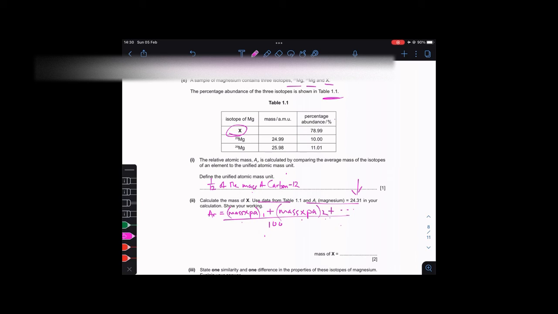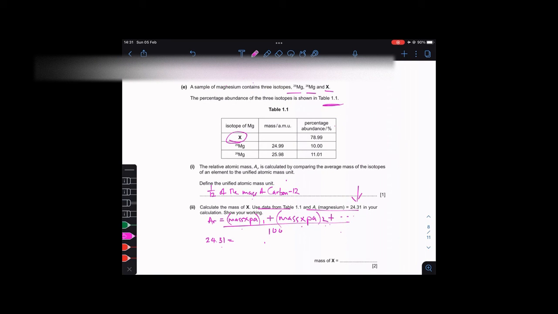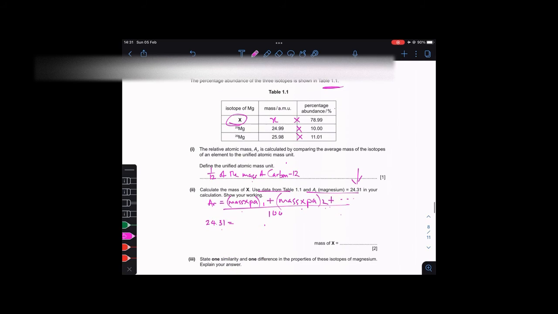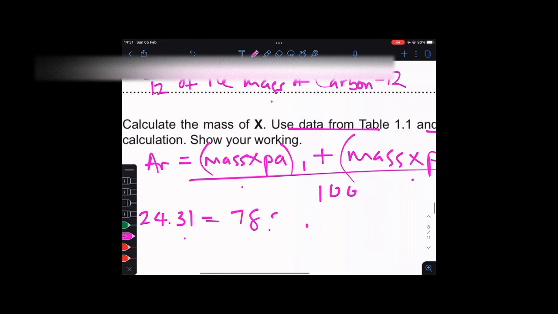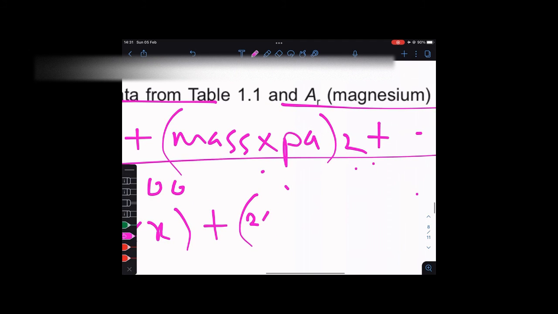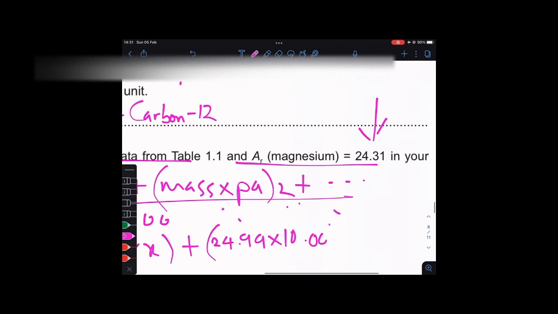So that's the formula we are going to use. If I substitute, we're given Ar is 24.31, so 24.31 equals mass times percentage abundance. Let's call this mass X. So the first isotope is 78.99 times X. The next isotope is 24.99 times 10.00.